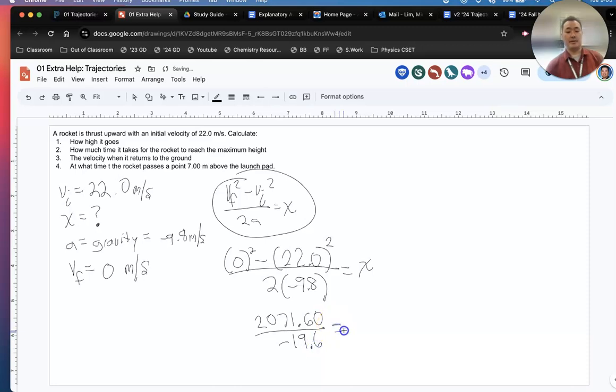And Devin, divide for us 2,071.6 divided by negative 19.6. Oh. Okay, say it again. Oh, it's on there. It's on the paper. Leah, I couldn't hear you. What's your question? Okay, let's see if we get the same answer. What'd you get, Devin? 2,071.6 divided by negative 19.6.